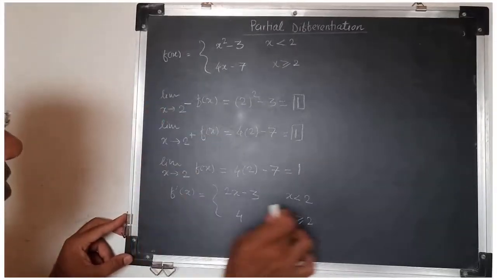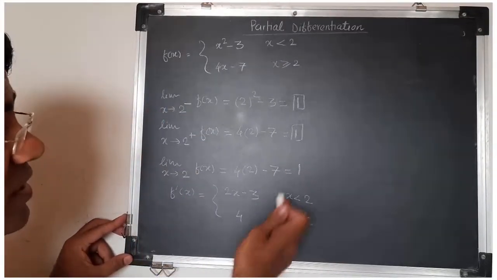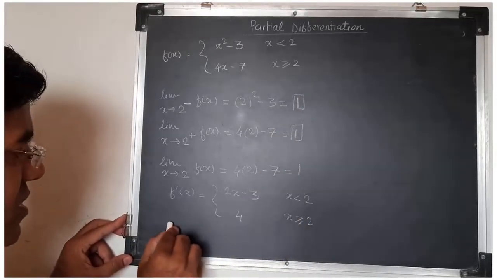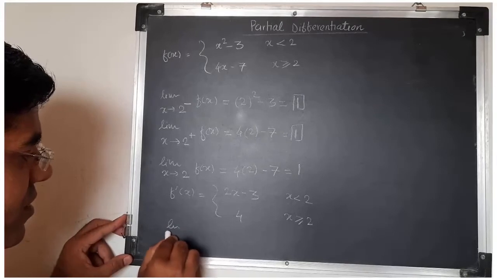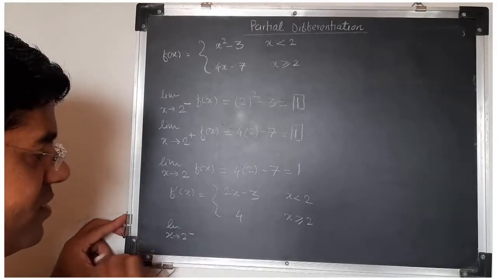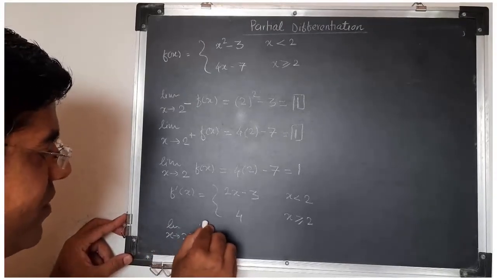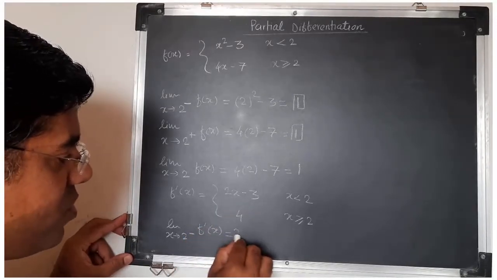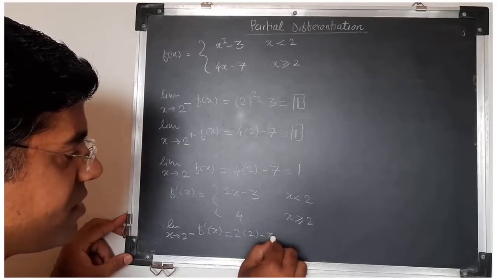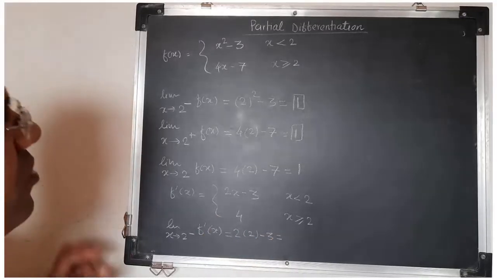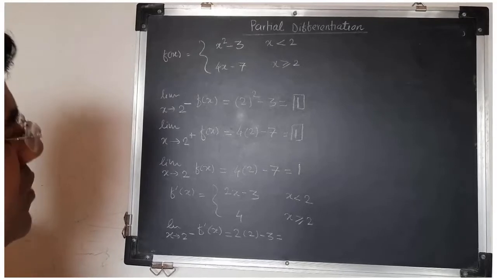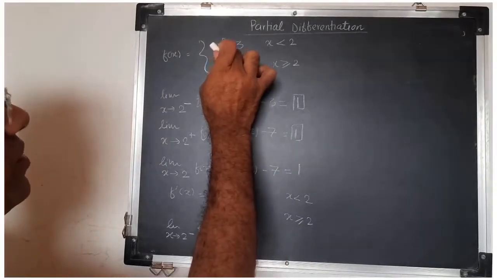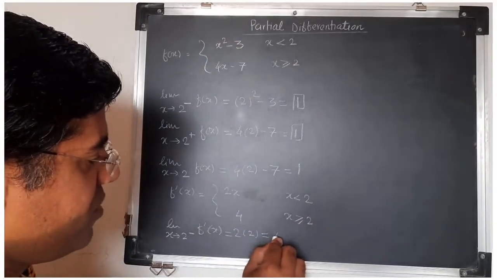Again I will take a limit for this particular case, because I want to show that the value should be continuous. So this is nothing but the limit as x tends to 2 minus of f dash of x, which is 2 into 2 minus 3. Sorry, here this derivative is only 2x, so this is nothing but 4.